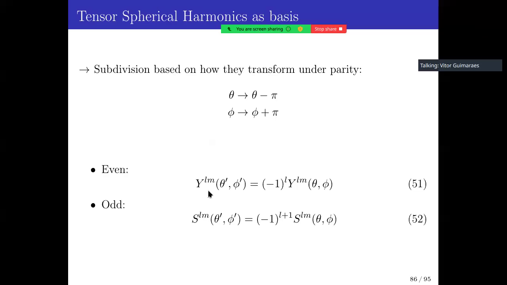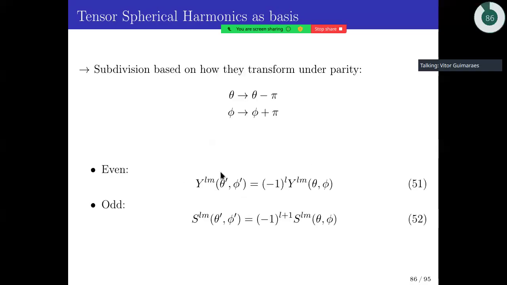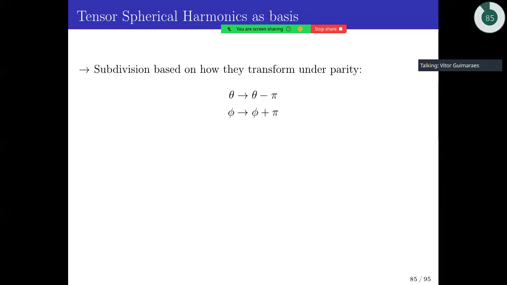So the even tensor spherical harmonics transform like this, okay? Not only Y, but also Y_A and Z_A, they all transform as such, and the odd all transform as such, okay? So this difference in how they transform under parity ends up giving them the name of even and odd, okay? So this is why we call this and this even and odd respectively, okay?